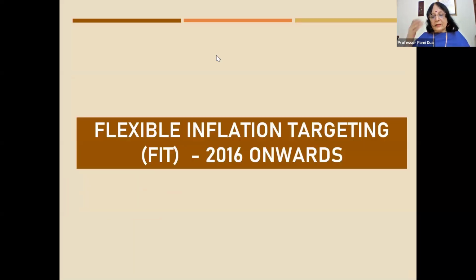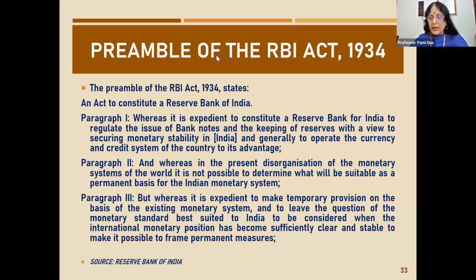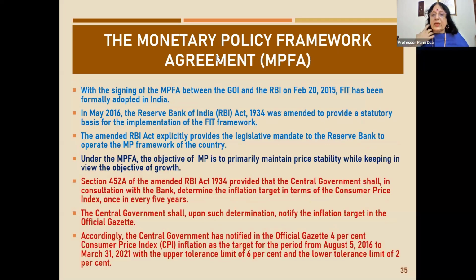And the last thing was what should be the target for inflation. Target I already gave you earlier, that this was stipulated by the Government of India as 4%, with a plus or minus 2% tolerance band. So this was the framework that was adopted in 2016. And for this, amendments were made to the RBI Act.